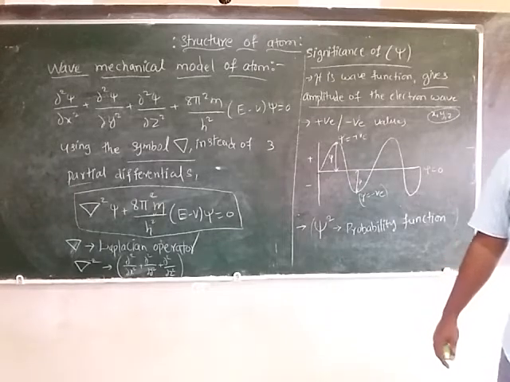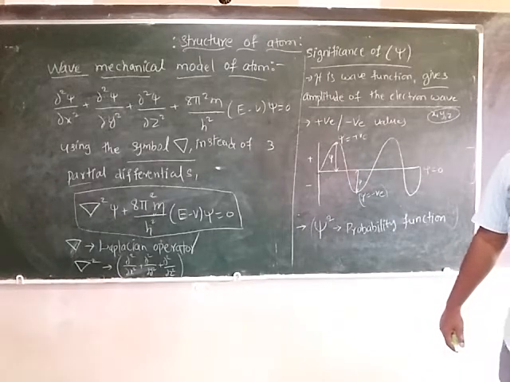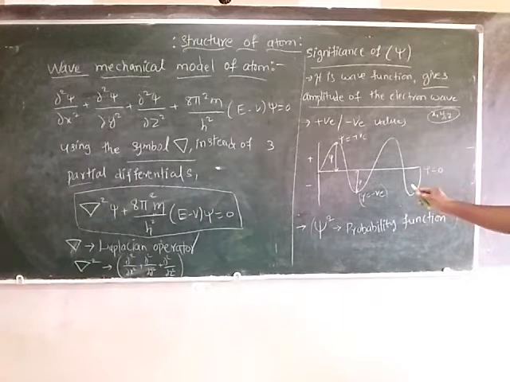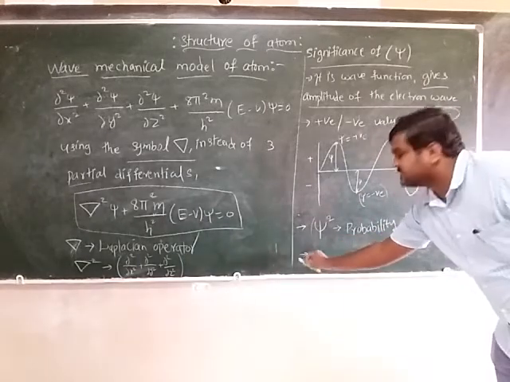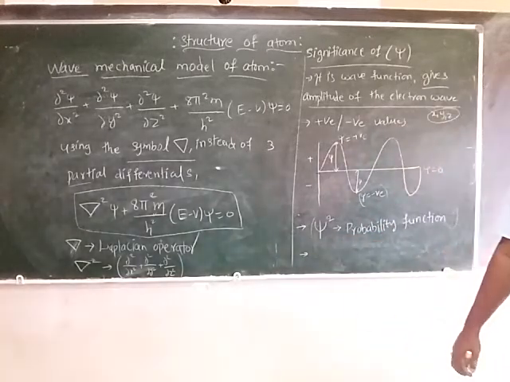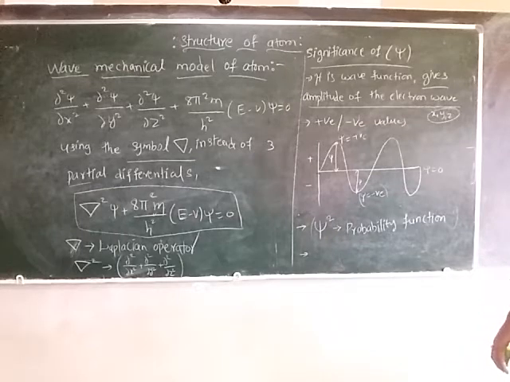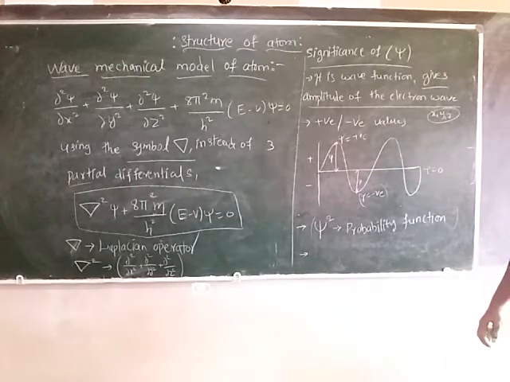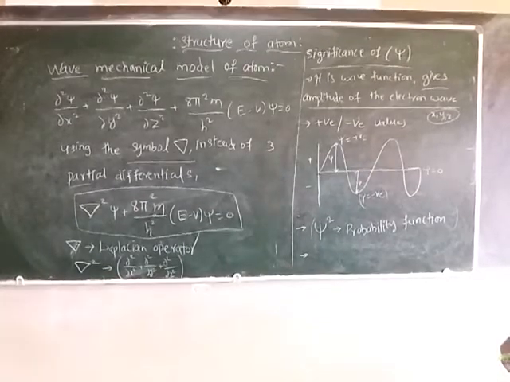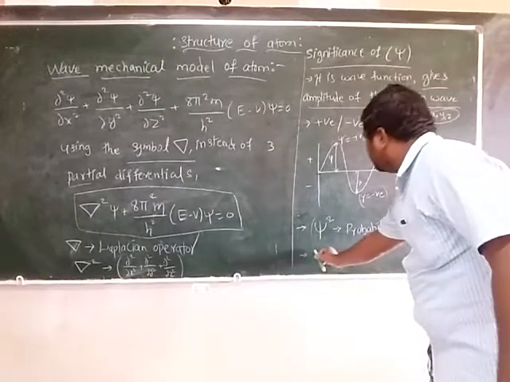Is it clear? So the intensity of light is directly proportional to the psi square, that is, the amplitude.